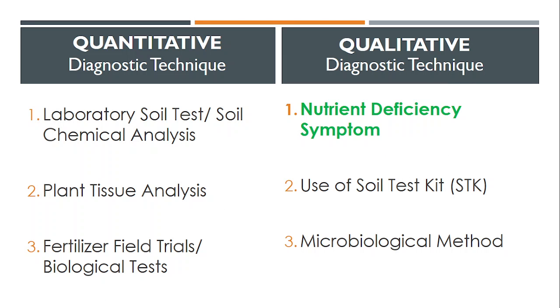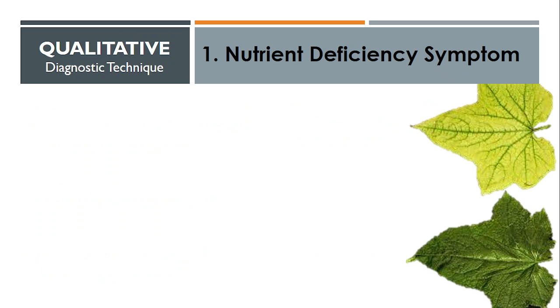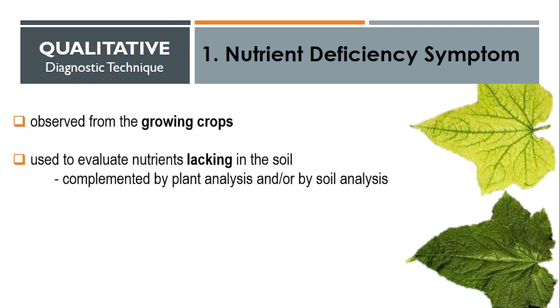Okay, we go to the qualitative diagnostic techniques. Meron yung tatlo. So let's start with the first one, which is nutrient deficiency symptom. Dito naman, it is used to evaluate nutrients that are lacking in the soil by observing the growing crop.